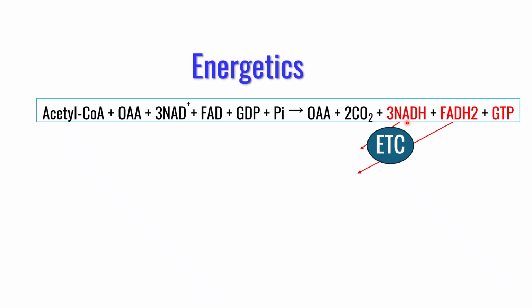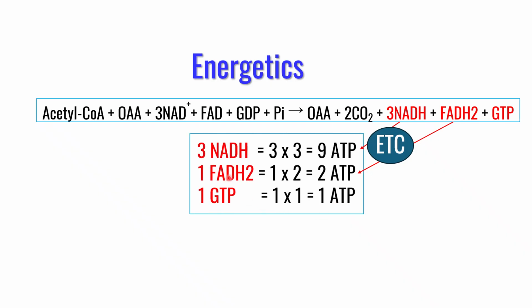One NADH molecule produces the equivalent of 3 ATP molecules, and one FADH2 will produce 2 ATP molecules. Therefore you can calculate the amount of ATP produced per cycle. So 3 NADH will give you 9 ATP, one FADH2 will give you 2 ATP, one GTP will give you 1 ATP. So total will be 12 ATP molecules per round of cycle, or per acetyl-CoA molecule.